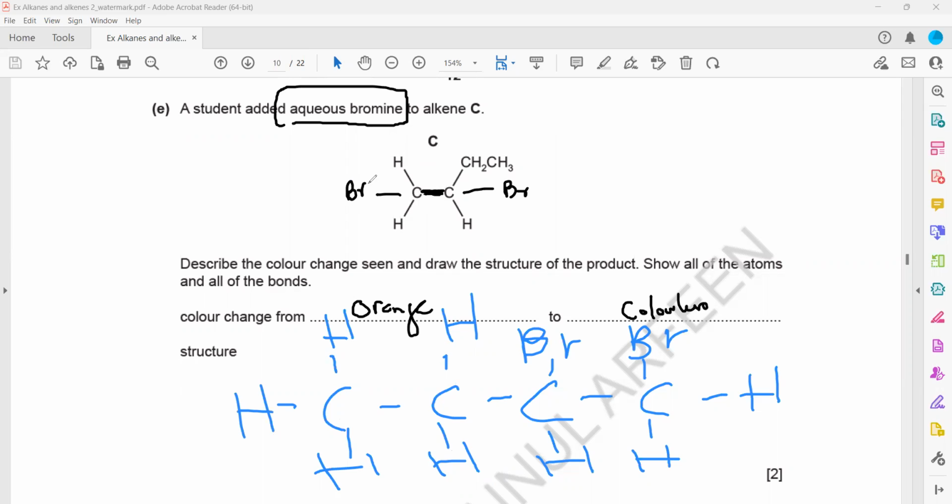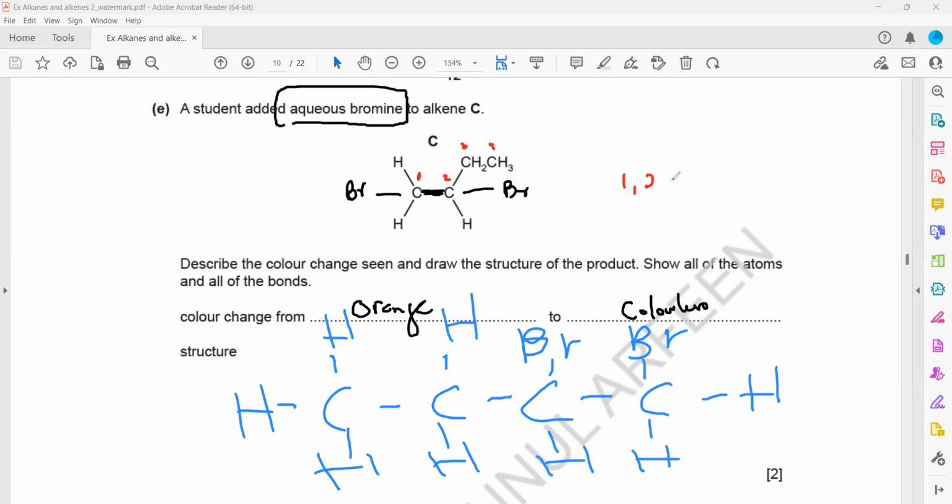This will be 1,2-dibromobutane, because there are 4 carbon atoms. I accidentally said something else earlier. The first and second positions have bromine: the first carbon has a bromine, the second carbon has a bromine.